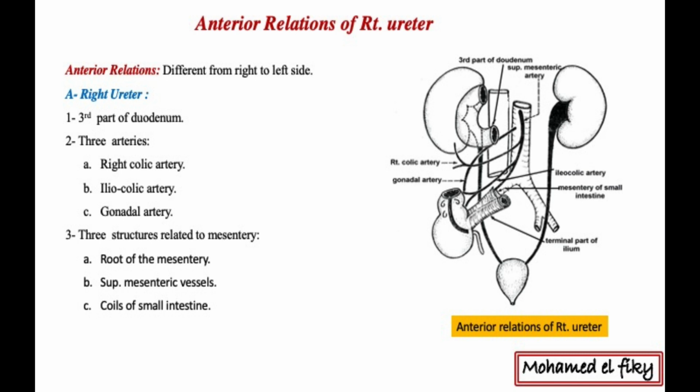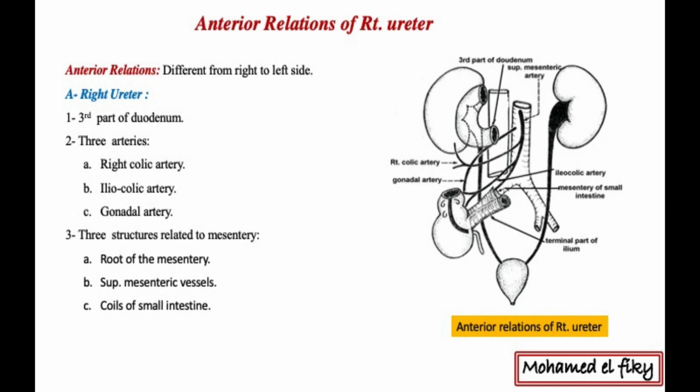Also, there are 3 arteries related in front of the ureter: right colic artery, ileocolic artery, gonadal artery. Right colic and ileocolic are branches from the superior mesenteric artery. The gonadal artery is a direct branch from the abdominal aorta.